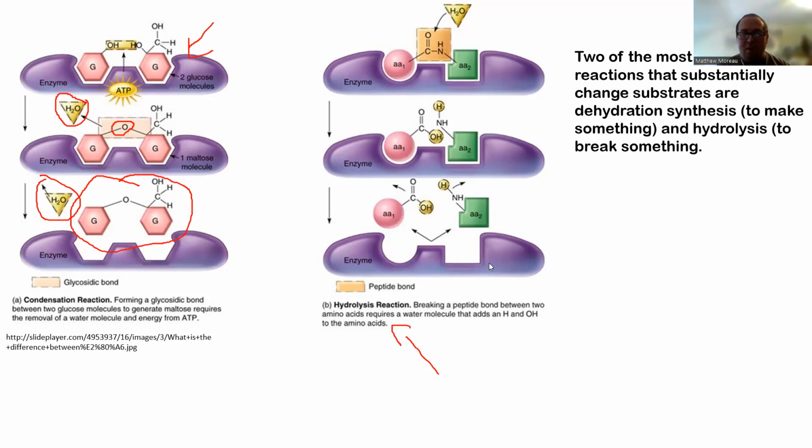In this case, we're using water in order to infiltrate common bonds between two molecules. This creates a breakage where a hydroxyl group and a hydrogen can then separate the bonds between two groups, and therefore there's no longer that linkage, creating two separate products from a single starting molecule.